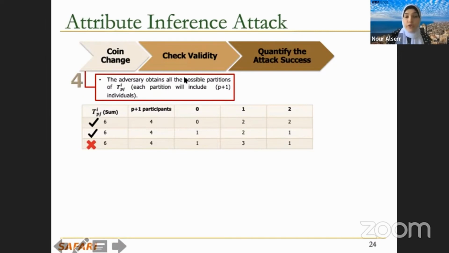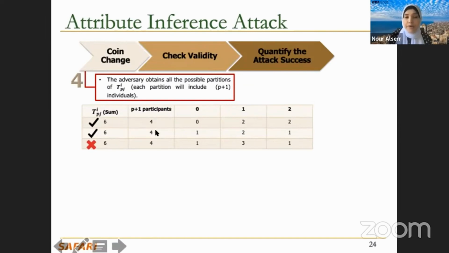First, we need to find all the possible partitions. For that 6, how many partitions we have for 0, how many for 1, how many for 2. For example, the second one, we can have one with 0 value, two with 1 value, and one with 2 values, right?